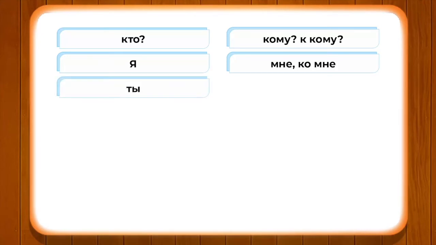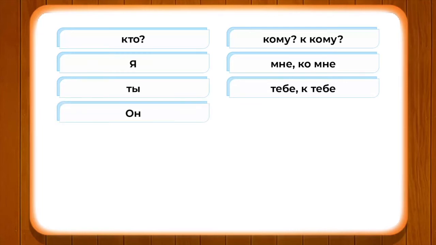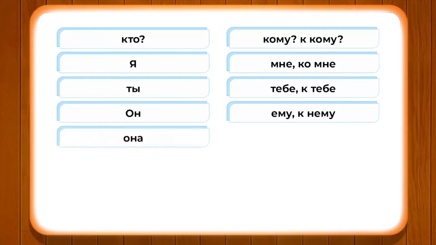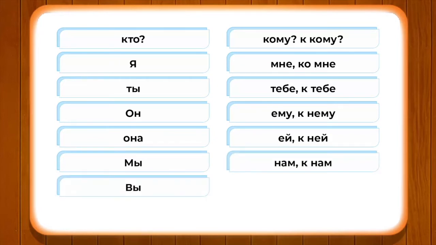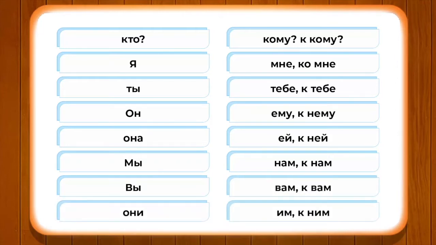Likewise, ty would change into chibie, kachibie. On would change into yimu and kanimu. Ana would change into ye, kanye. Mui would change into nam, kanam, and vi would change into vam, kavam. And the last one, ani, would change into im, kanim.